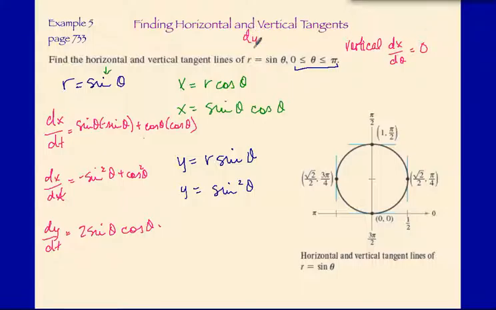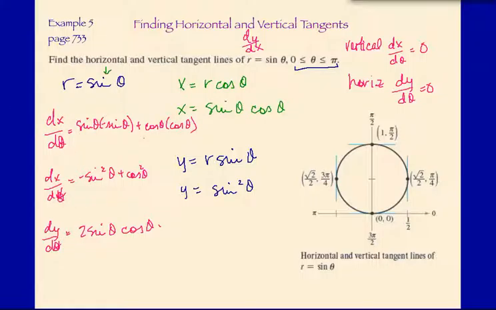You will get the horizontal tangent lines when you set dy/d theta equal to 0. So let's go straight to that step where we set dx/d theta equal to 0 and dy/d theta equal to 0. I have t there, but it should be theta.